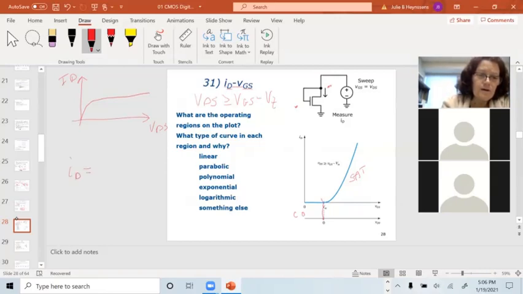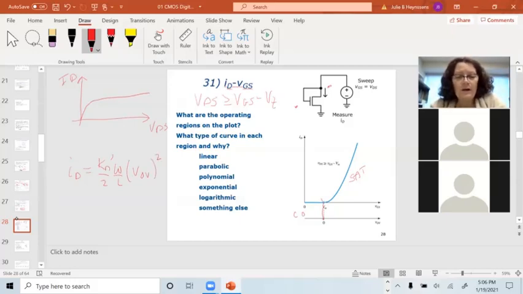ID is Kn prime over 2 W over L VOV squared, which is usually the way I write it because it's shorter. VOV is just VGS minus VT. What we have here is a curve as VGS increases. This is going to be parabolic because I've got this squared term in there.